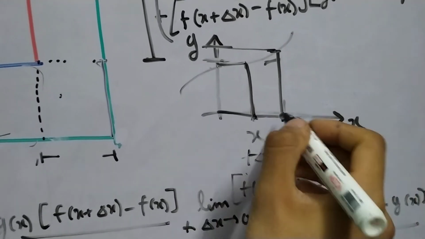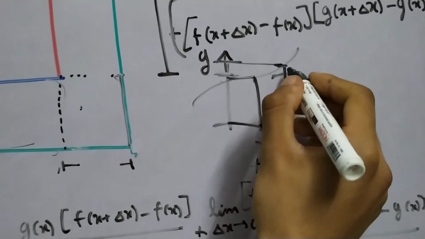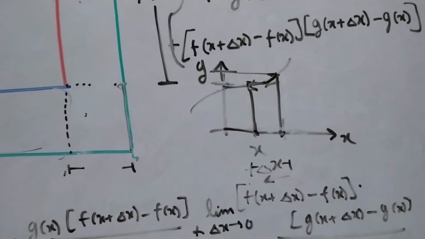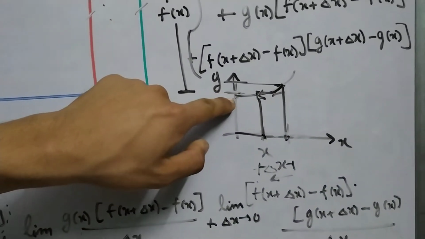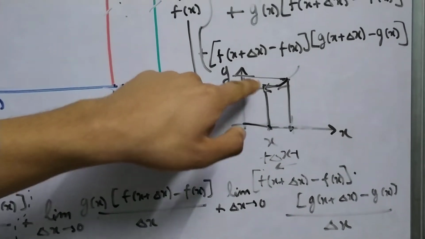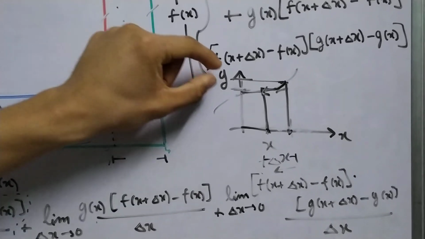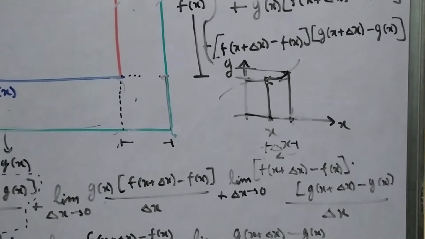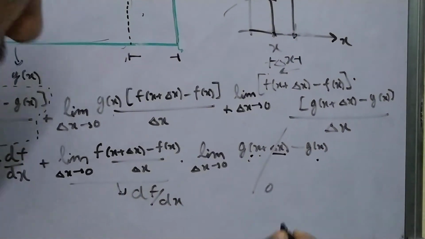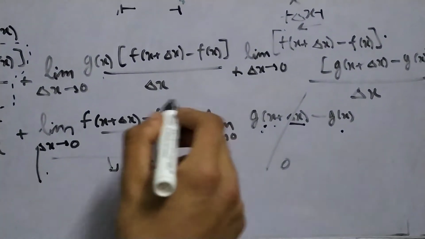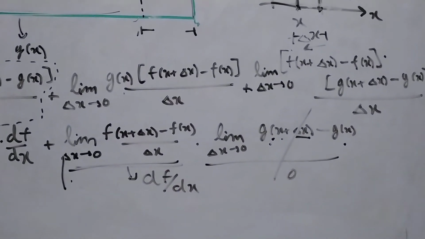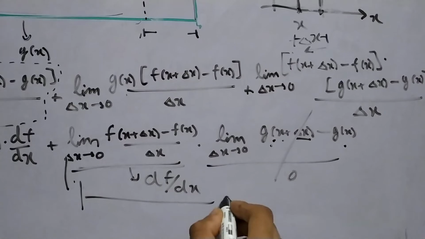When it is equal to 0, this point will be on this point, and your function will reduce to your g of x. So you will get g of x minus g of x, which will be 0. So this term is 0. This entire quantity, this limit times this limit, will be equal to 0.